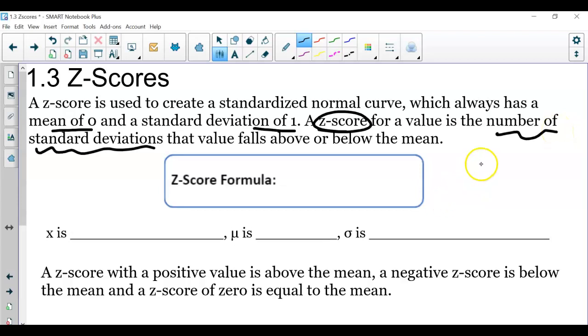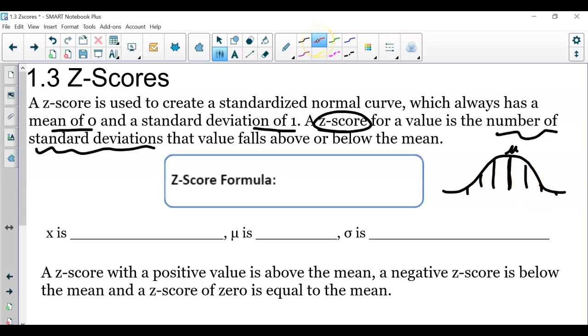So like if you recall, with our curve, we had our mean, and then we always had 1, 2, 3 standard deviations above, and 1, 2, 3 standard deviations below. The z-score represents how many standard deviations above and below.